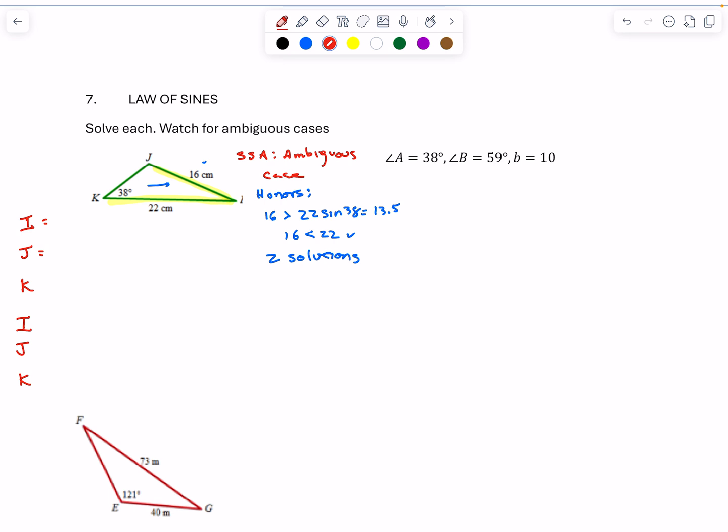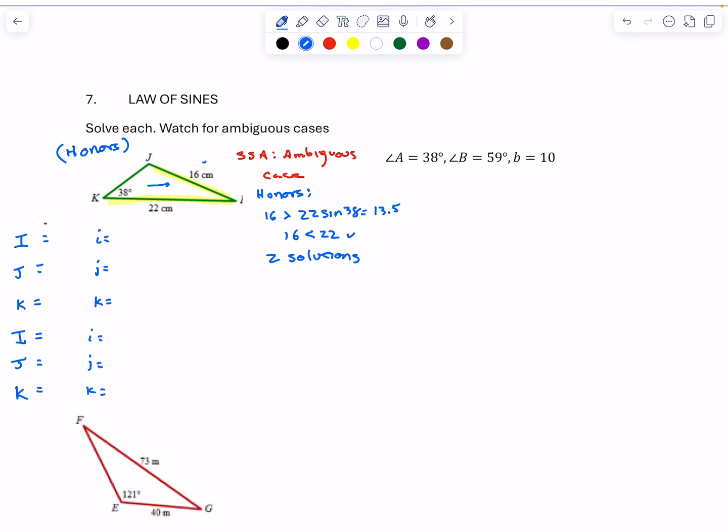Oh, I should probably just do this all in blue since it's going to be honors only. We will leave you lots more room on the actual thing.